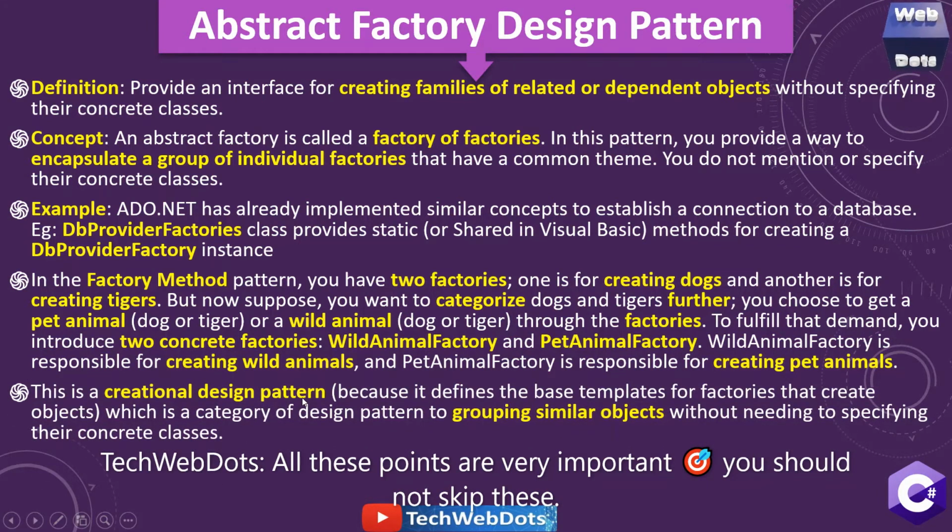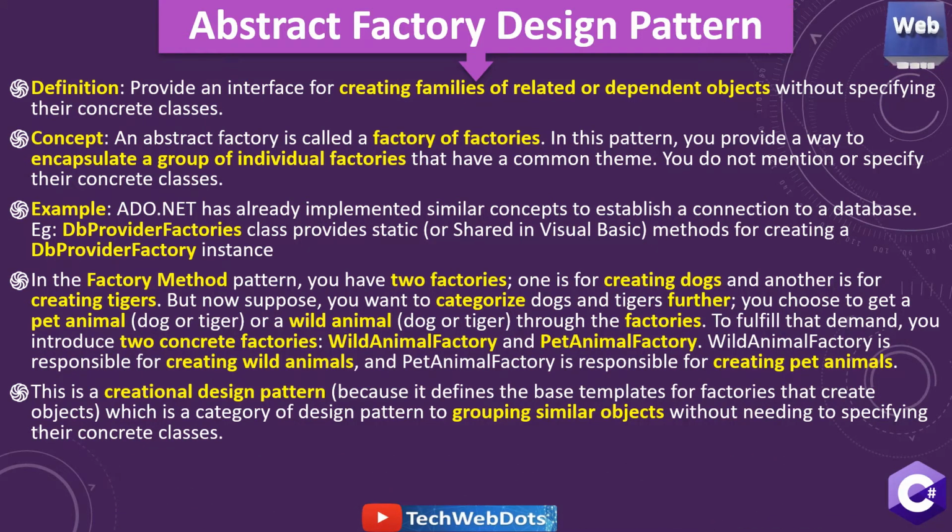This is a creational design pattern because it defines the base template for factories that create objects, and it is a category of design pattern for grouping similar objects. When we say wild animals, we are covering all the wild animals, including dog and tiger as well, without needing to specify their concrete classes.